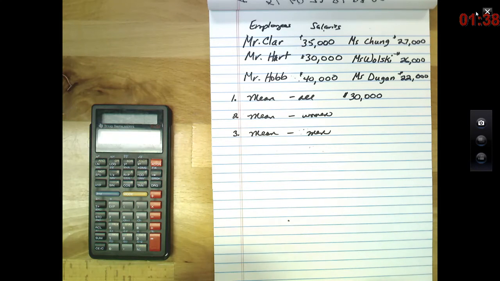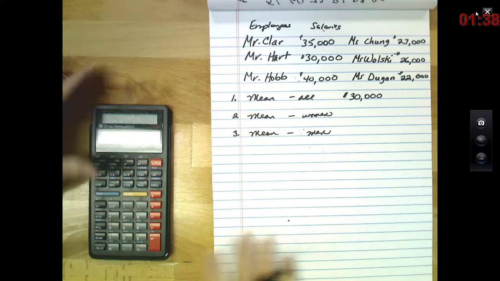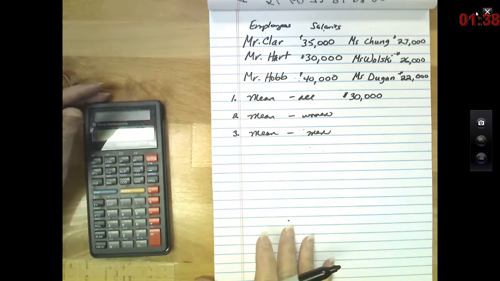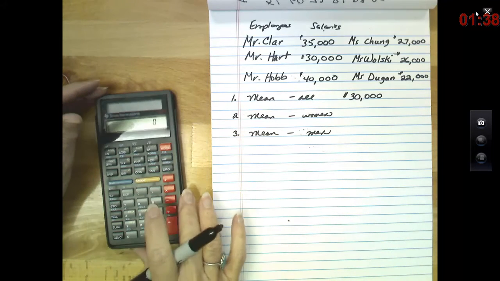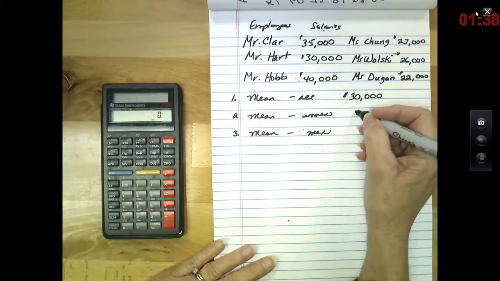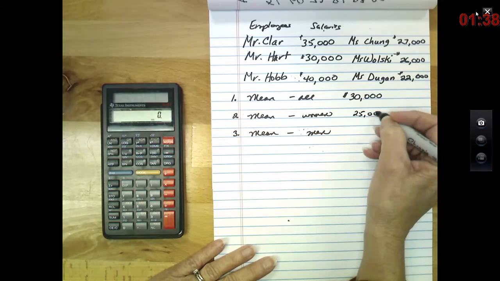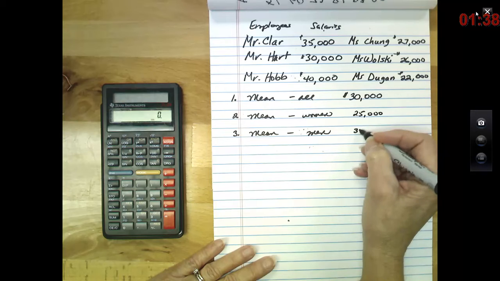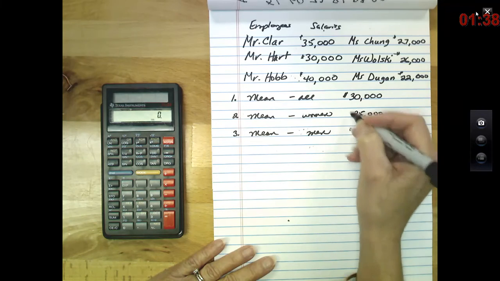Women would be 25 grand and men 35 grand, wouldn't it? They're making $10,000 more than the women. My goodness.